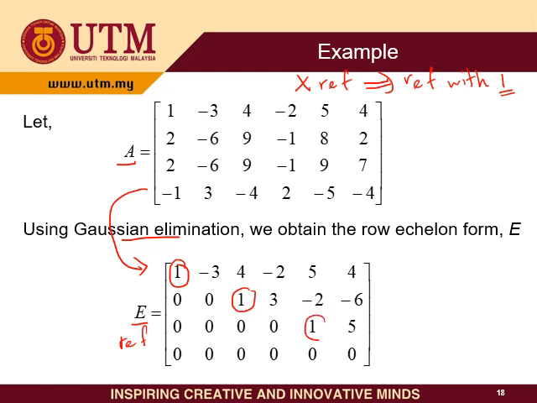Now the next step is to look at the non-zero rows. This is a non-zero row, this is a non-zero row, this is a non-zero row, but this one is not a non-zero row.